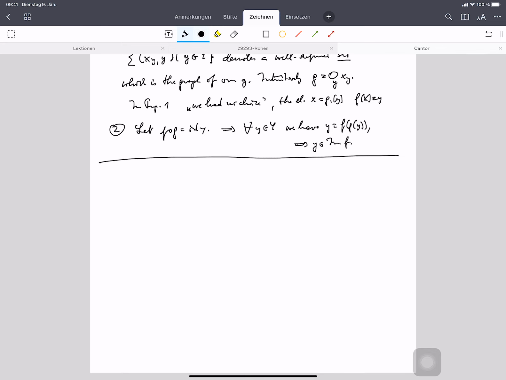Concluding proposition 3. Let X be different from void. Then the following statements are equivalent.